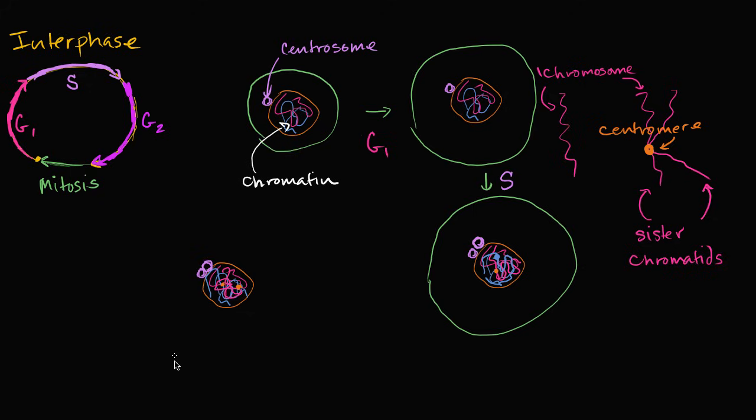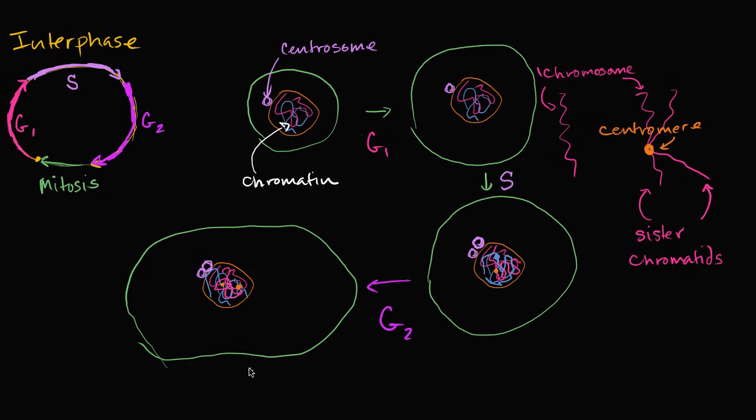And now the cell has grown even more. And once again, going from this to this, we call that the G2 phase. And at the end of the G2 phase, this is now when we are ready for mitosis.